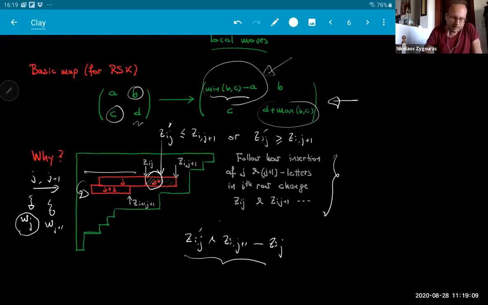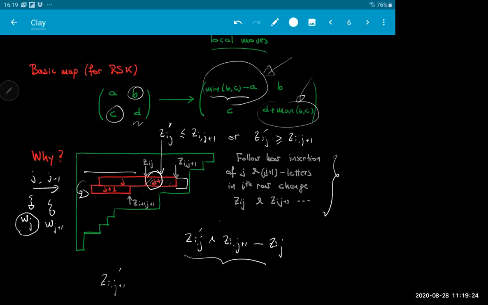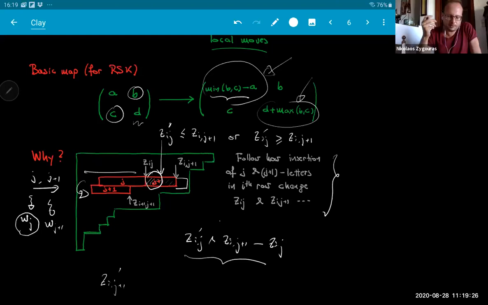On the other hand, now let's try to explain this relation, and this encodes the length of Zij plus 1 after I have inserted, let's say, Wj plus 1's J's. So this is going to be the maximum now of where the J's have stopped with how many J plus 1s I had before.